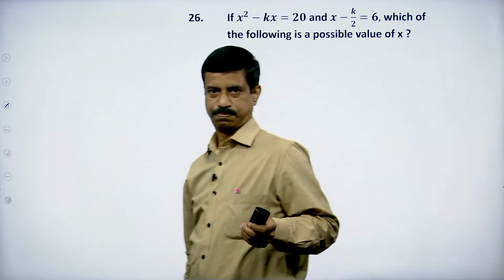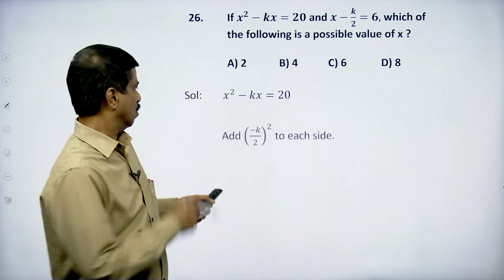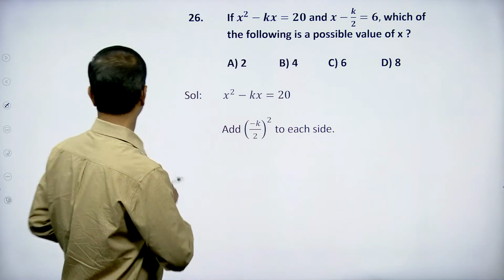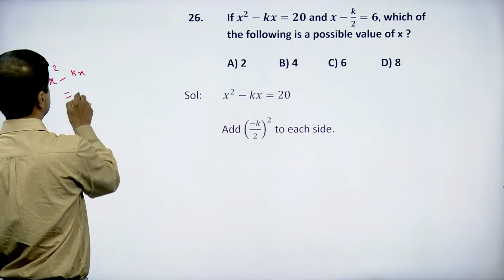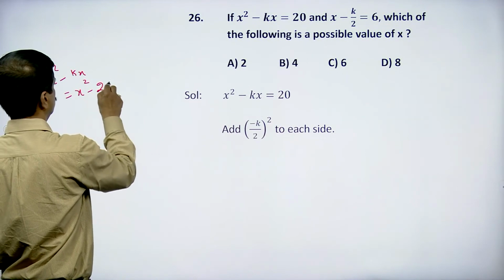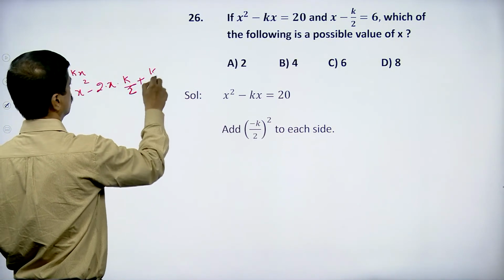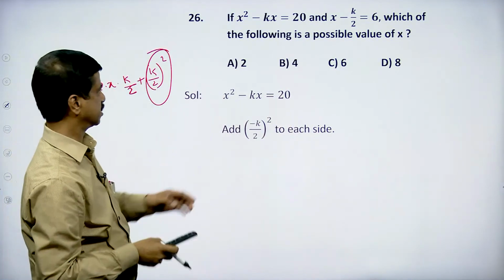So now look at this. Here you have x square minus kx. This can be written as x square minus 2 into x into k by 2. So you need to add k by 2 whole square. This you should add on both sides.